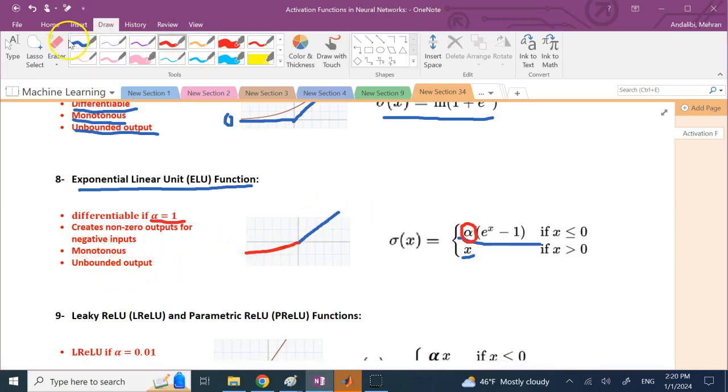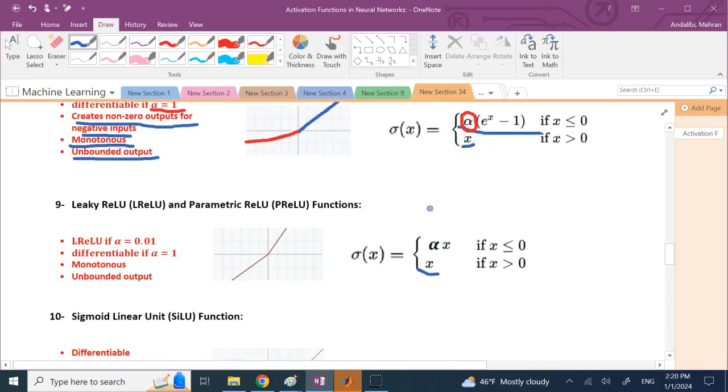The other good things are it's monotonic, no bound on the output, and it's not creating any zero output for a bunch of inputs. And again, for alpha of 1, it's differentiable. For alpha not 1, you're going to have problems. But that is another function, exponential linear.